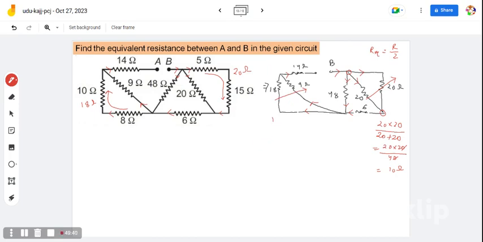So what will be the equivalent resistance? 18 into 9 divided by 18 plus 9. So what we get? 18 into 9 divided by 27. So we get 9 3 27, 3 6 18. So what we get here? 6 ohms.